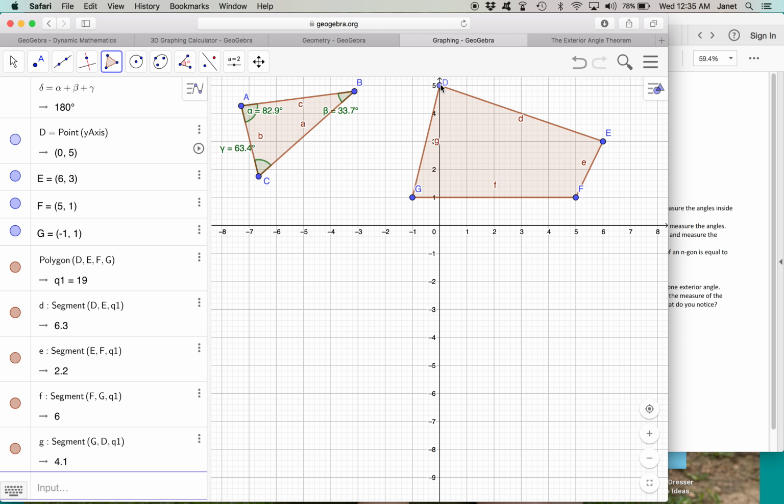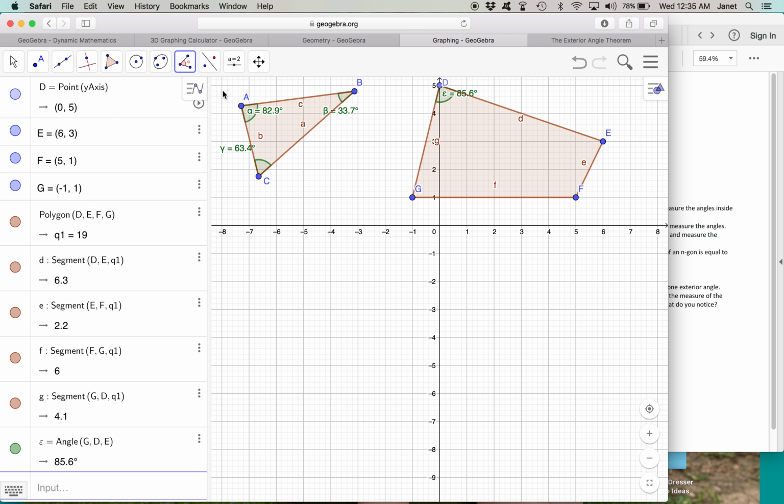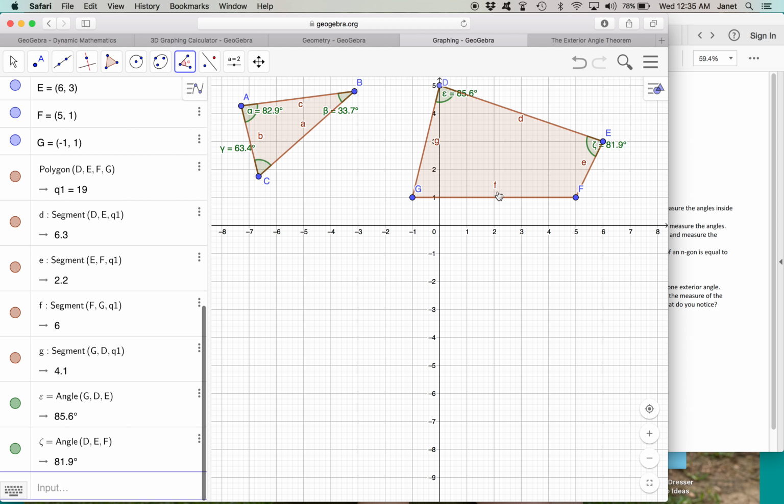Here's our quadrilateral. We've got our 4 points, and now we need to measure the interior angles, and it's going to be done in the same way as we did the triangle. I'm just going in alphabetical order to keep things consistent.